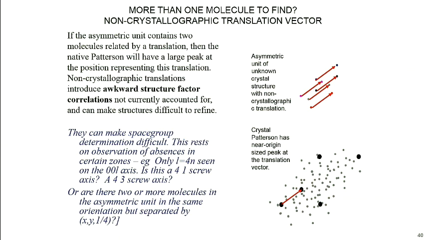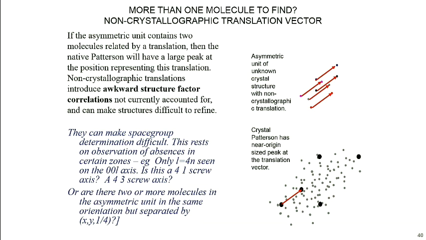If you calculate that Patterson, the vector from atom 1 to atom 1A, 2 to 2A, 3 to 3A, 4 to 4A, and so on, will all be exactly the same length in exactly the same direction. So when you look at that Patterson, a lot of vectors are going to overlap, and you will see a great big peak, which tells you that these 2 molecules are probably in the same orientation but related by a translation.